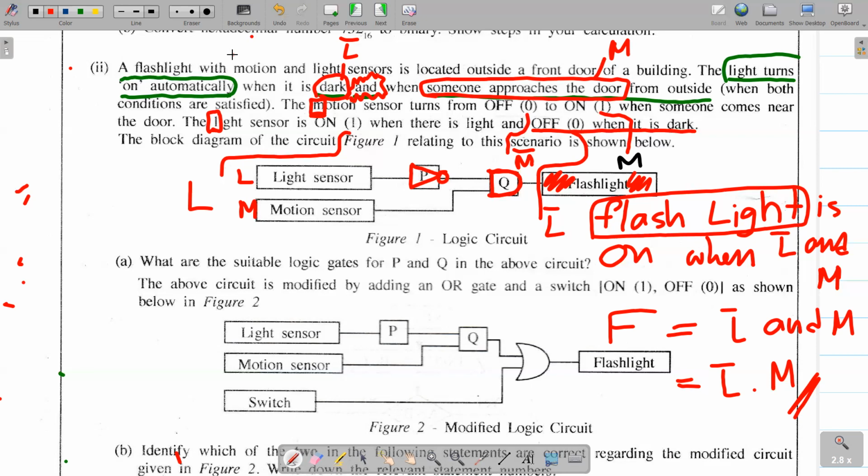Right. So the second part indicates like this. The above circuit is modified by adding an OR gate and a switch in one state or in zero state, as shown below in figure 2. So it is asking, identify which two of the following statements are correct regarding the modified circuit given in figure 2.